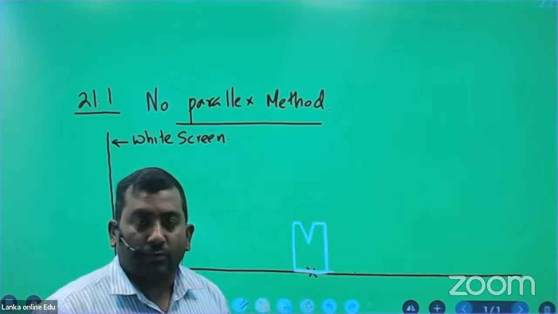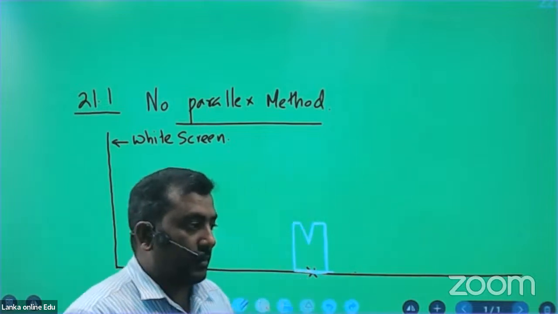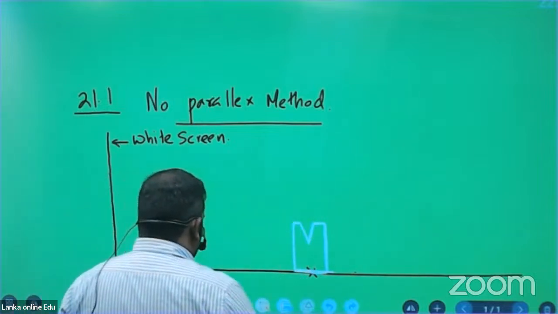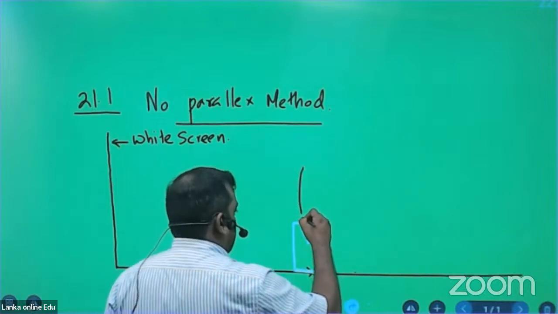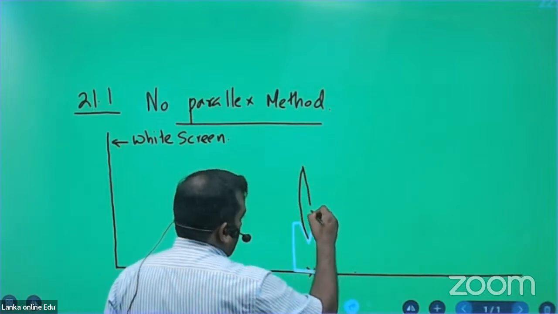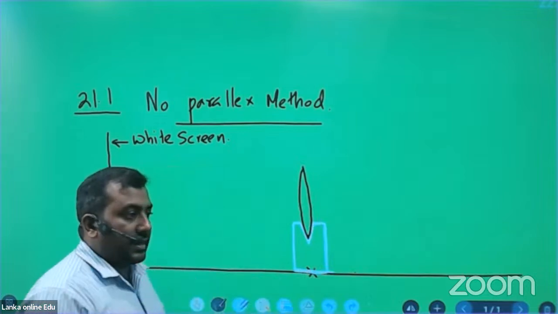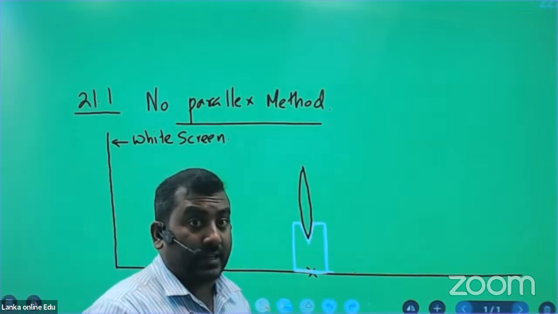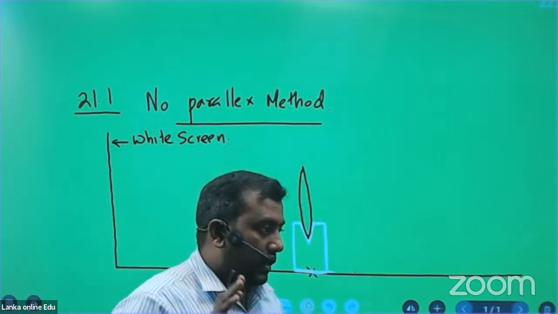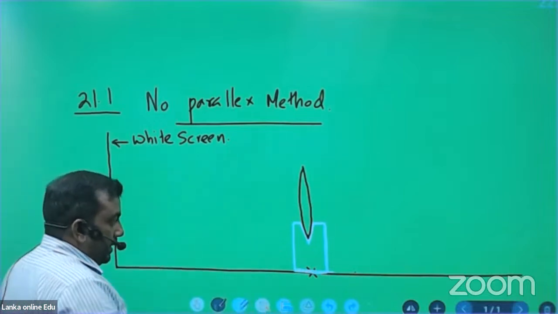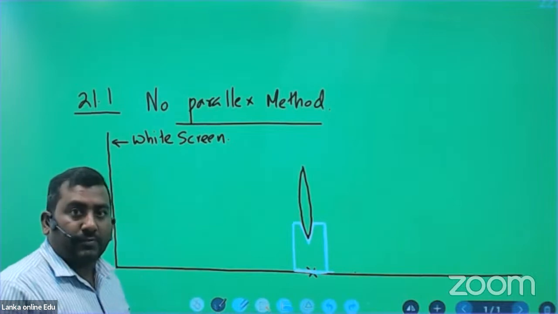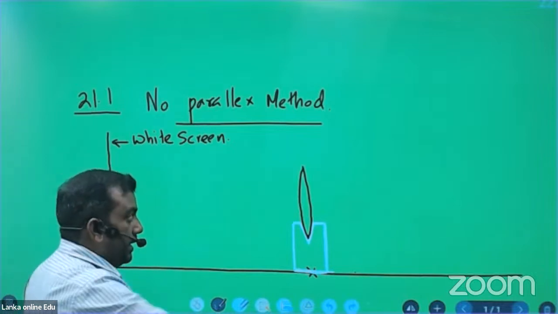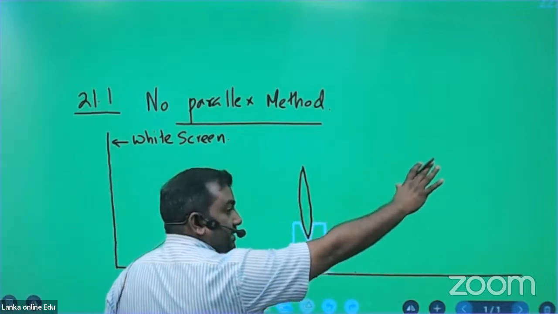Here you go, the convex lens is kept. Remember, these are very thin convex lenses. So we move this wooden support and we focus it on a distant object.